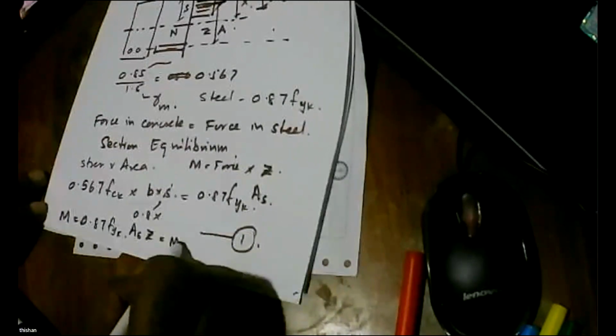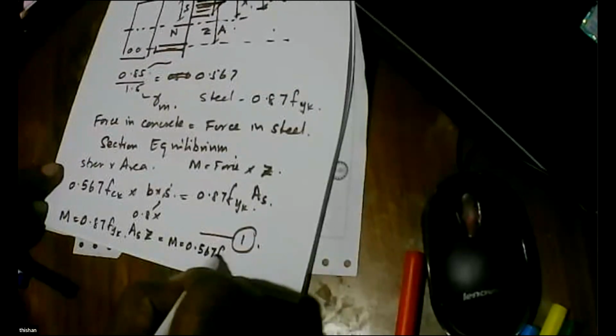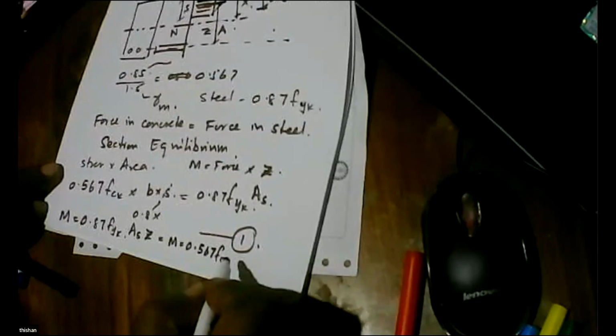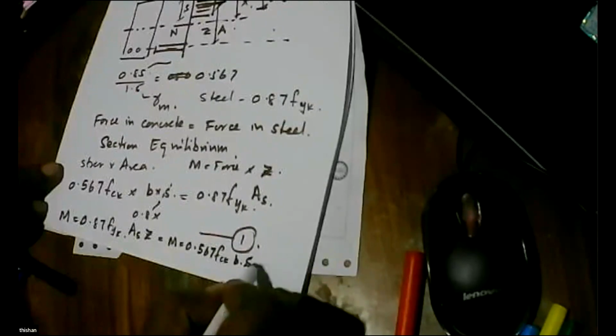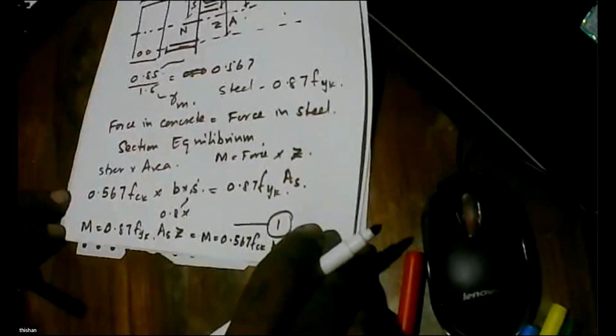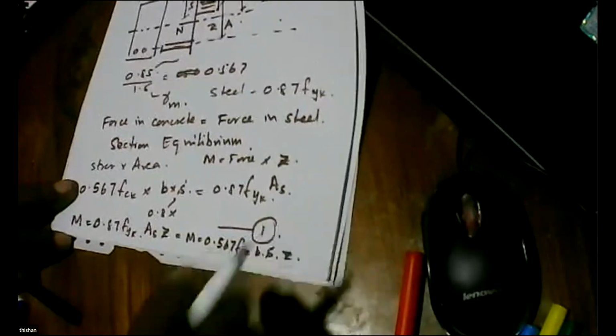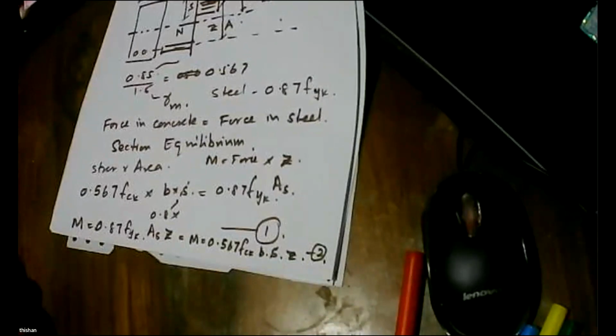Or we can say M is equal to 0.567 fck B times S times z. So there is the second equation. So only two equations are there.